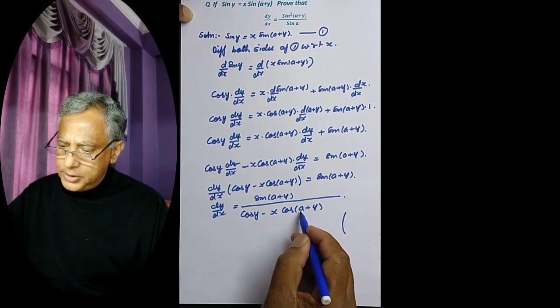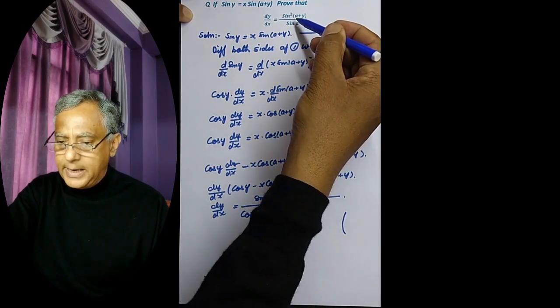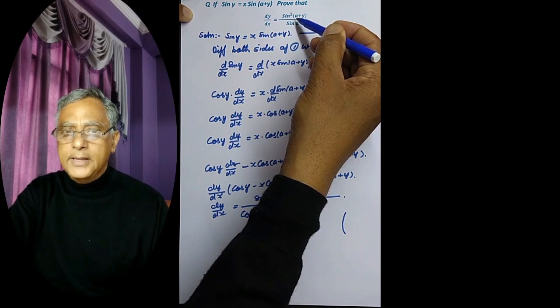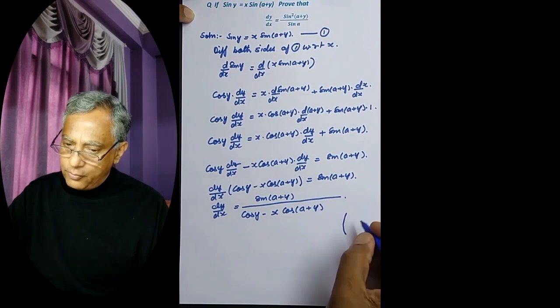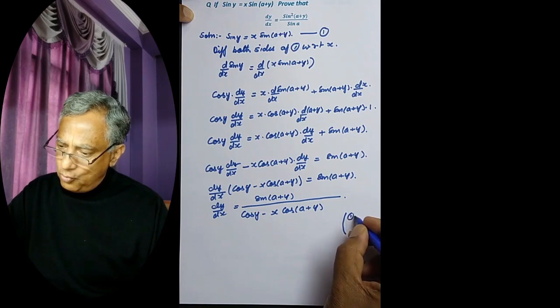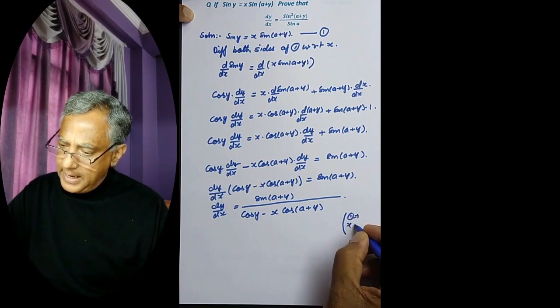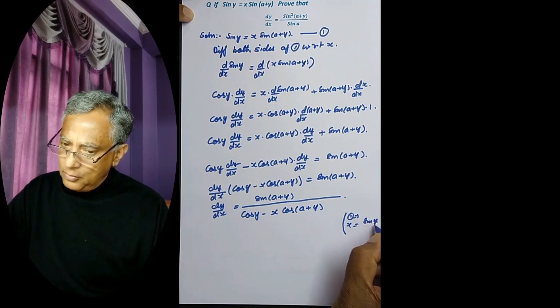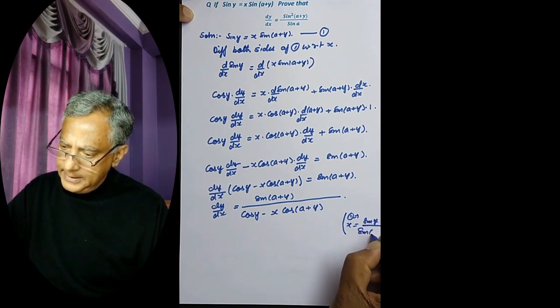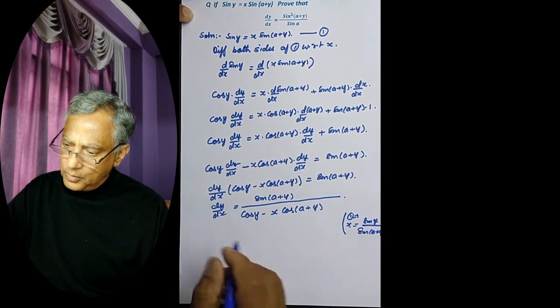Generally, when we do not get the answer required in the question, we make use of the given equation. So from the given equation 1 we have x is equal to sin y over sin(a + y).